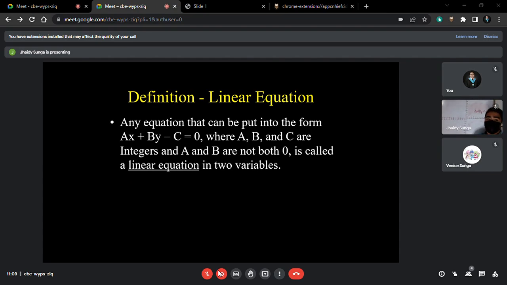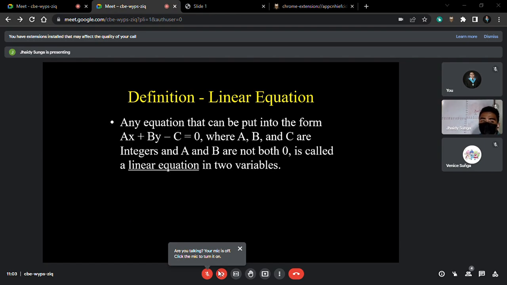Always remember this equation. This equation is called the general form or the standard form. It is denoted that a, b, and c are all integers. But always remember that a and b are not both zeros.